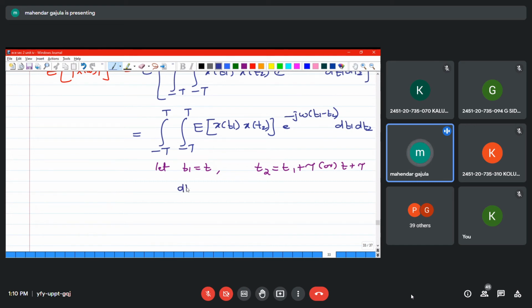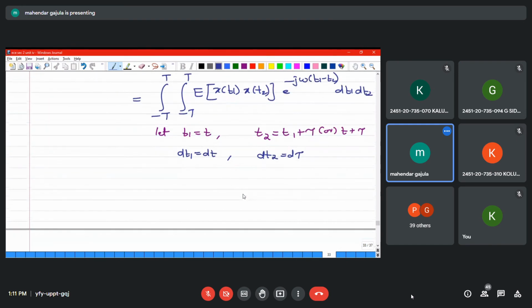So dt1 is equals to dt and dt2 is equals to d tau, since I am differentiating with respect to delay. In the second case, I am differentiating with respect to tau. In that case, t is constant. So the limits change. What are the limits?